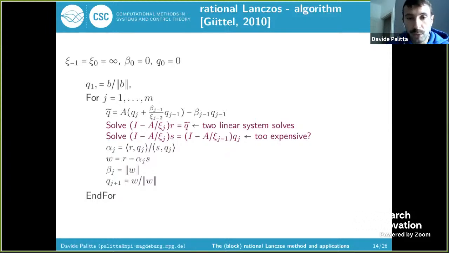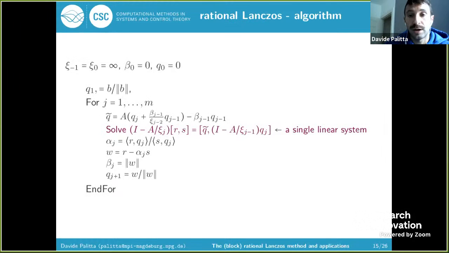But by simply rearranging the terms in this iteration, we were able to come up with a new implementation where only 1 linear system with 2 right-hand sides needs to be solved. And we all know that solving a linear system with multiple right-hand sides, in this case 2, is better than solving 2 linear systems maybe sequentially.